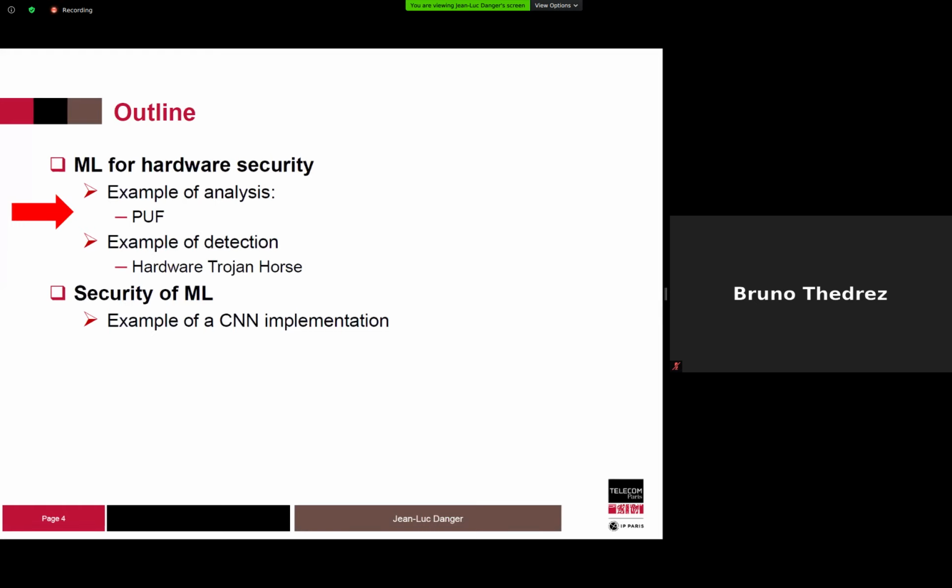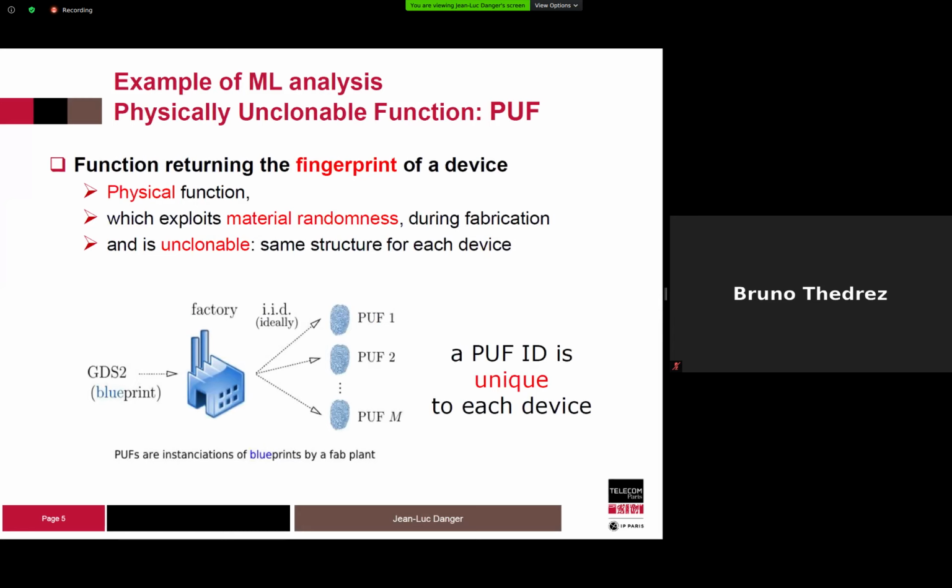First of all, I think I will present by examples. The first example I will consider to understand the impact of machine learning on security is the PUF. What does PUF mean? PUF means physically unclonable function.